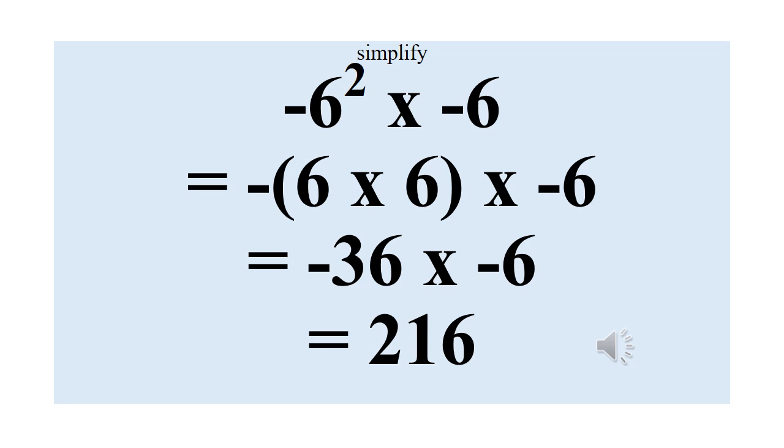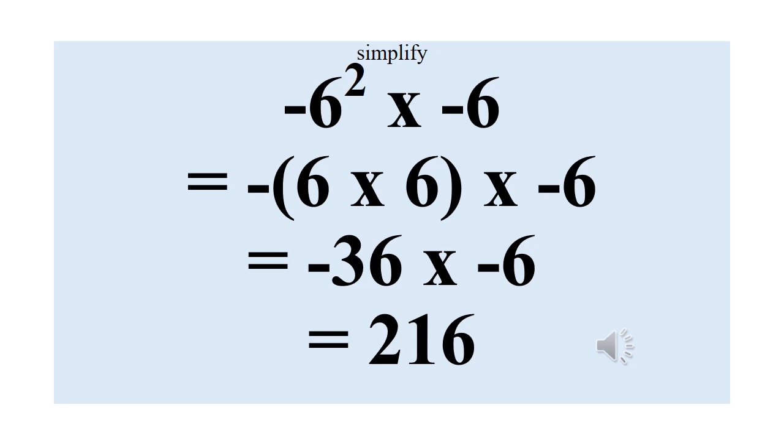The square, the exponent, does not affect the minus sign. So we can just bring out the minus sign, then open the bracket, then 6 squared means 6 times 6, put it in bracket, then times minus 6.